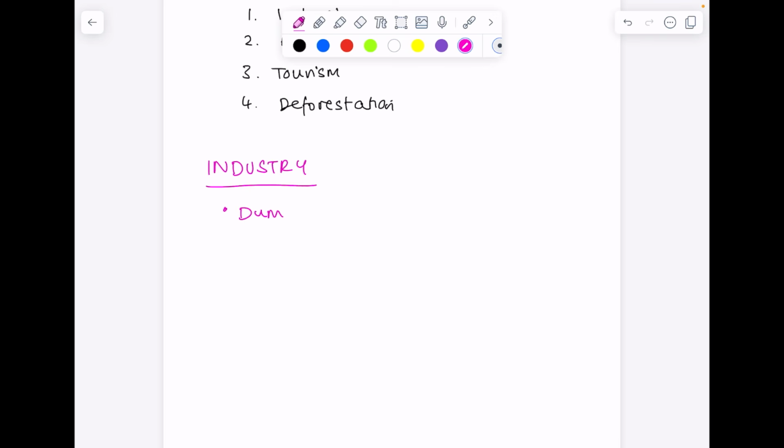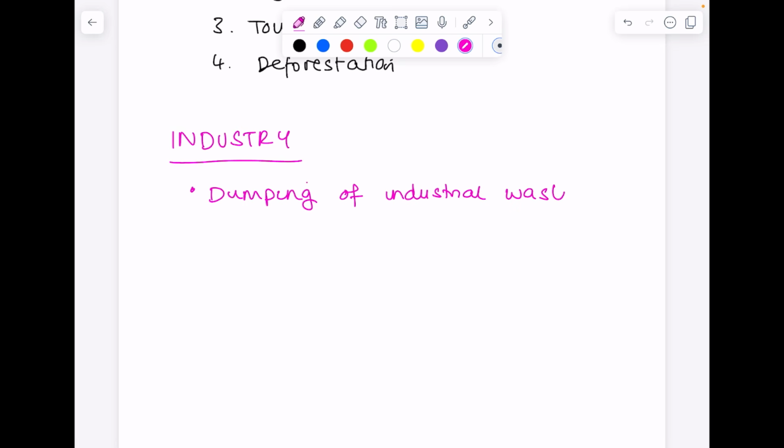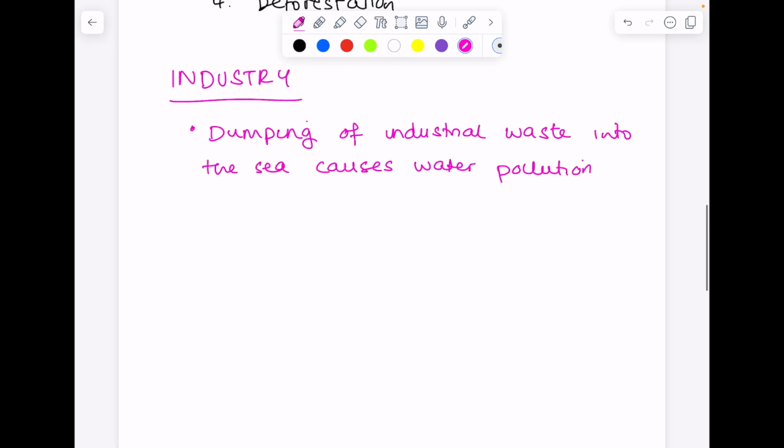Dumping of industrial waste into the sea causes water pollution, which can affect biodiversity and disrupt food chains.